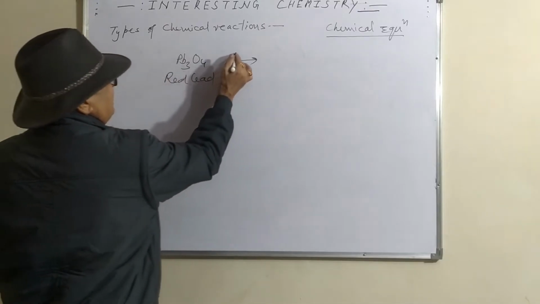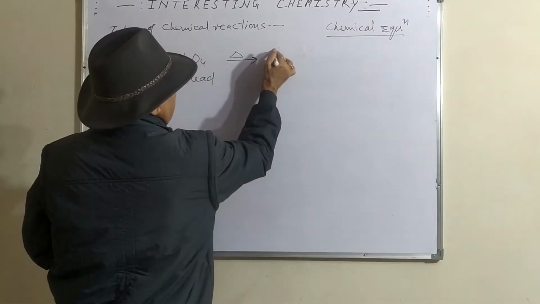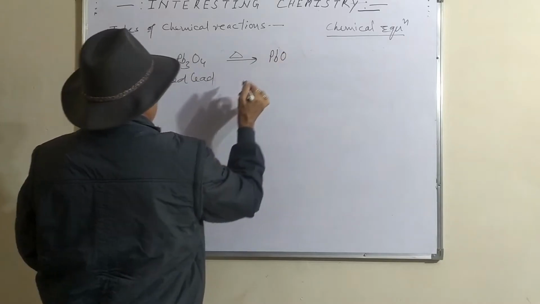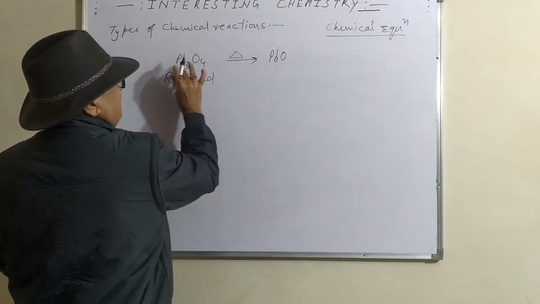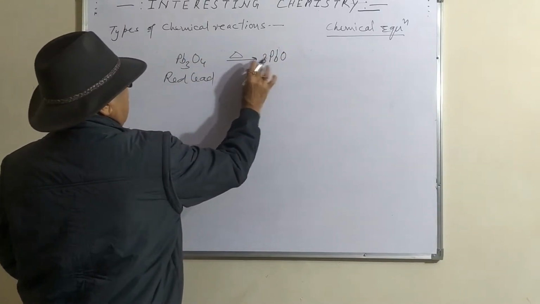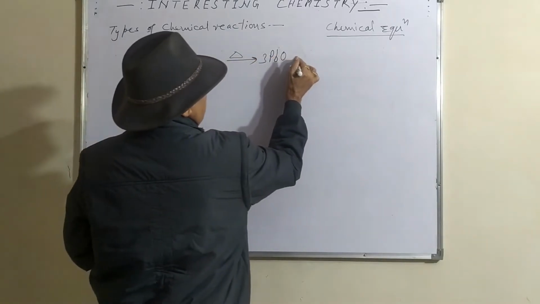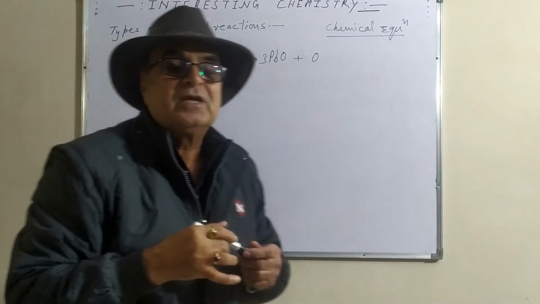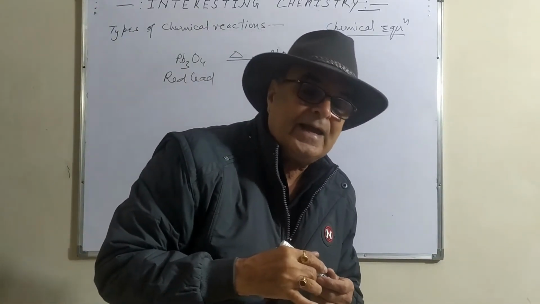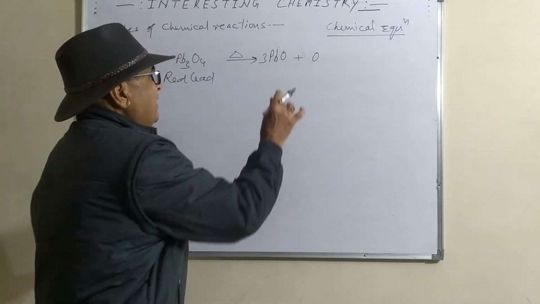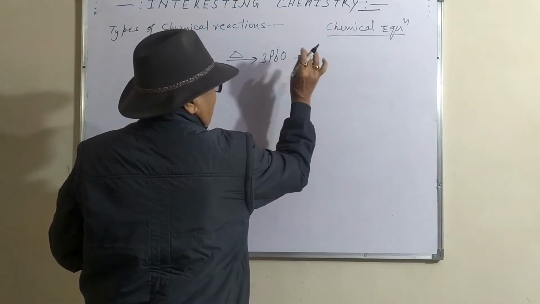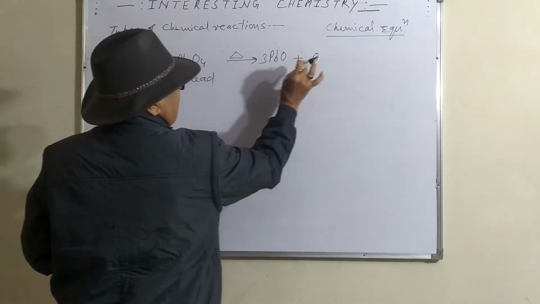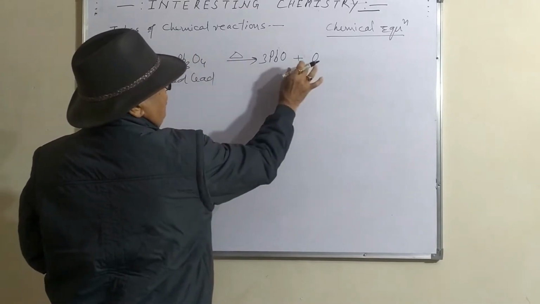When it is heated, this will become PbO. Here 3Pb, and you will form 3PbO. One oxygen will be released here as O. So this oxygen is again in the atomic form. So when you write it in the molecular form, you have to multiply this whole equation with 2.